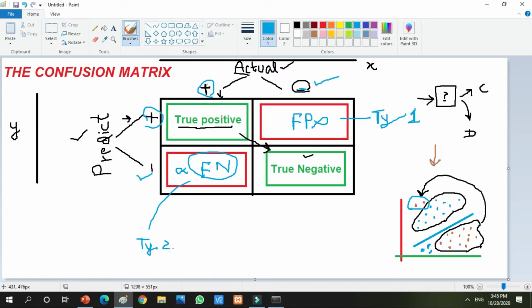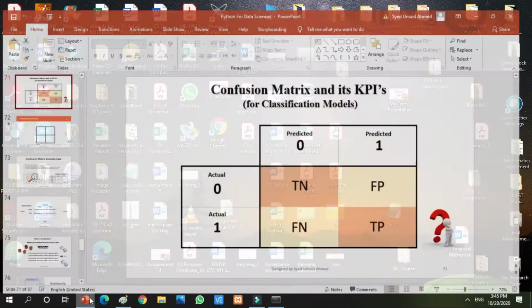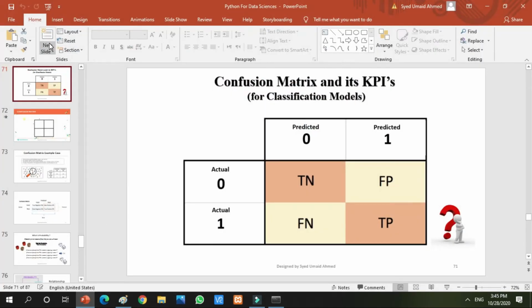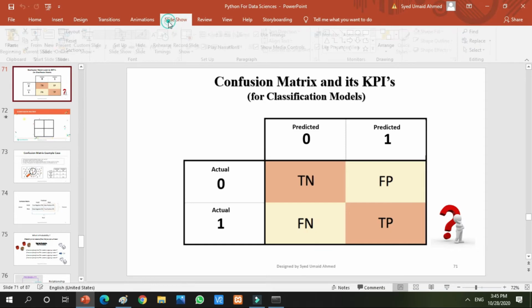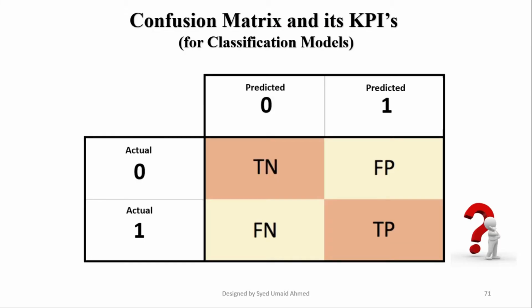So let us move towards the visual diagram. I have tried to explain better with the help of a visual demonstration. So let us move towards the presentation and you will get a more proper idea about this. Let me start the slideshow and you can see the thing I have told you in visual demonstration is in front of you.